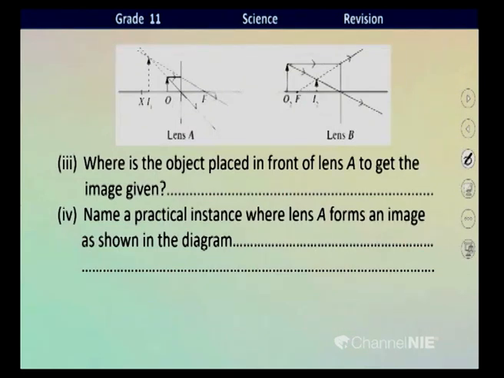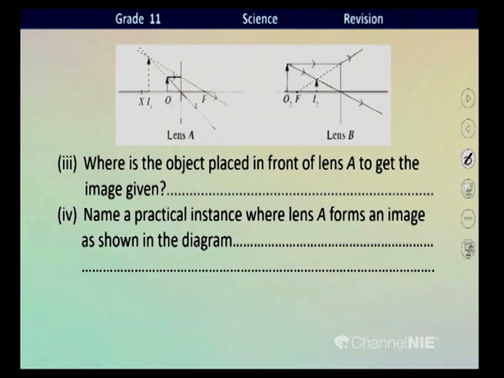Where is the object placed in front of lens A to get the image given, children? Where is the object placed in front of lens A? Normally, if the object is placed inside the focus of the lens, that means in between the focus and the lens, only then we get an upright, enlarged virtual image like that.